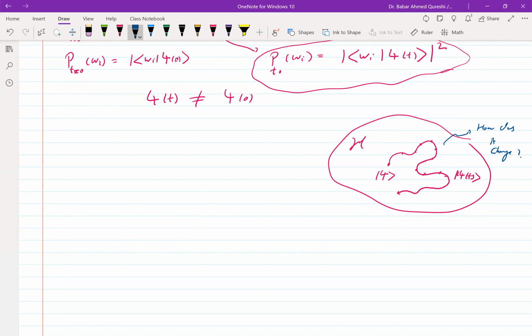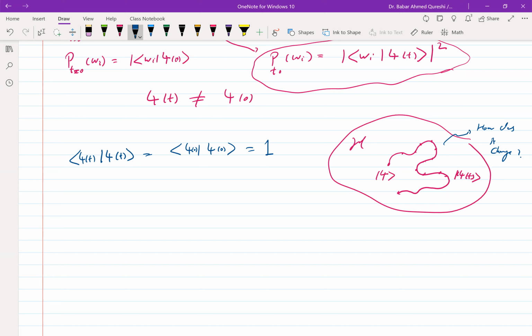Well, the one thing you want is that psi t, if it's normalized before, then later on it's still normalized.